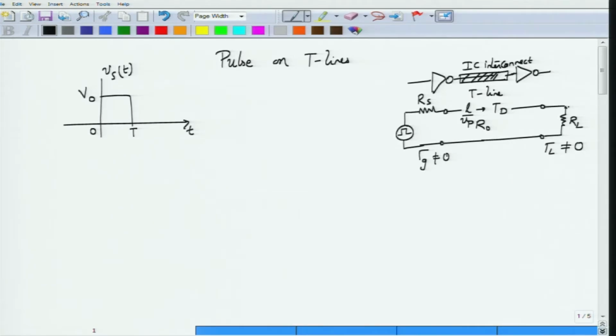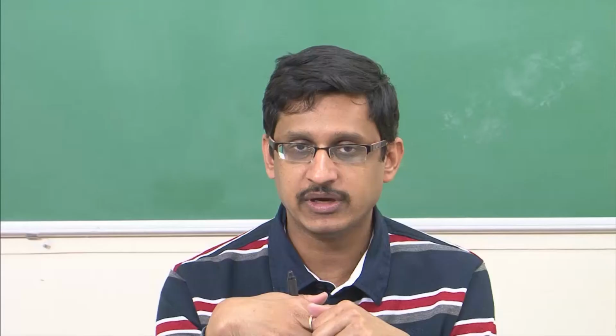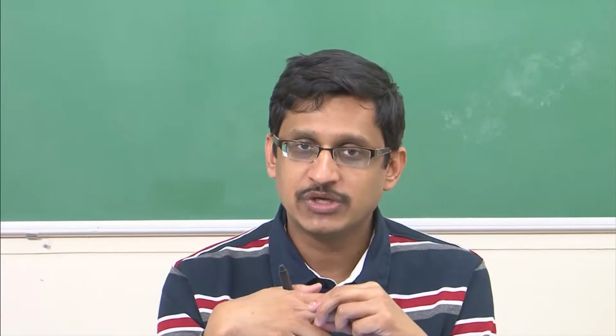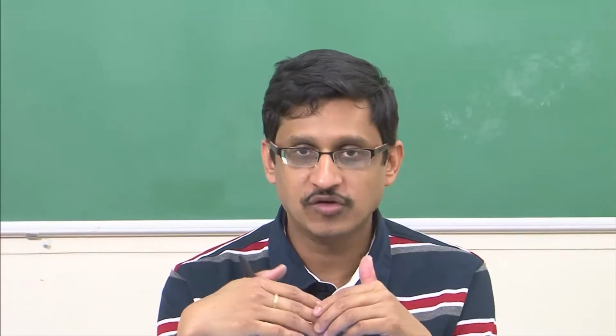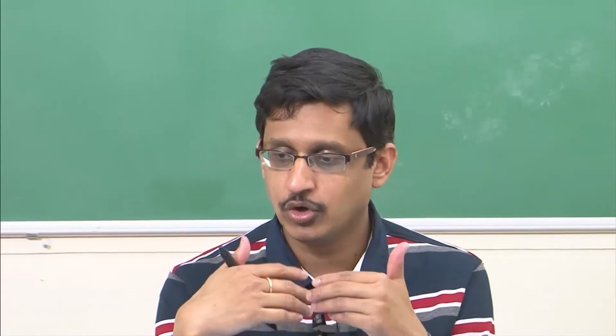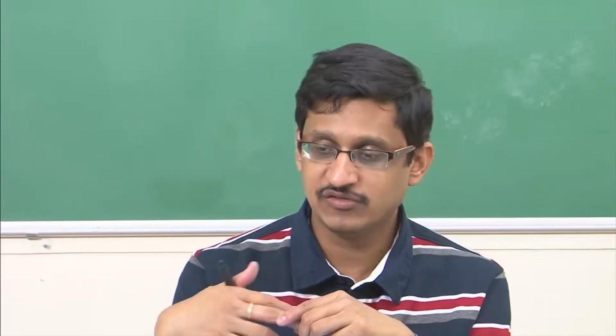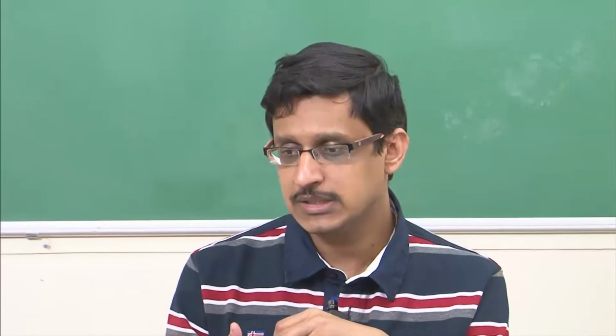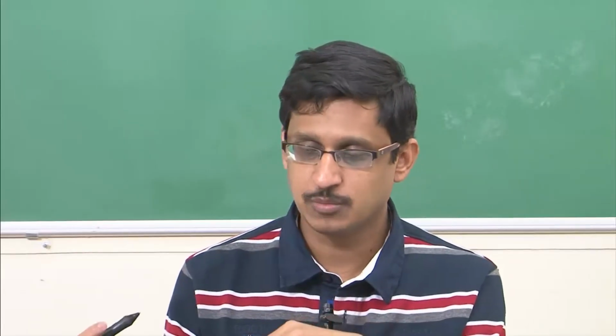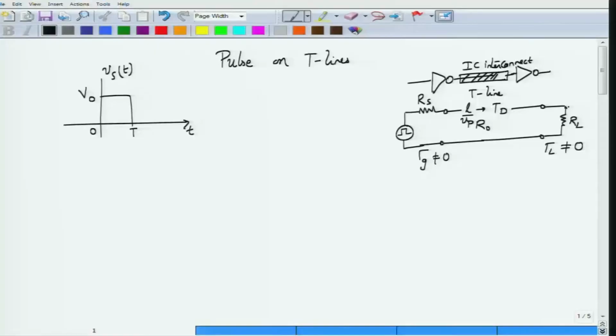So the voltage that you get at the load side would not be a pure step waveform, but rather a waveform which would tend to some value. It would be oscillatory or damped, but it would not be exactly a step waveform. In other words, the wave is getting distorted, not because of propagation as such, but because of the multiple reflections. So that was for the step response.